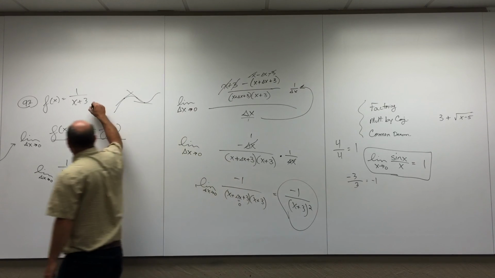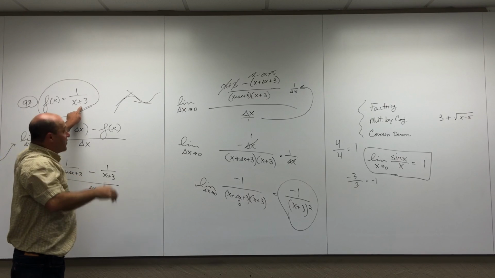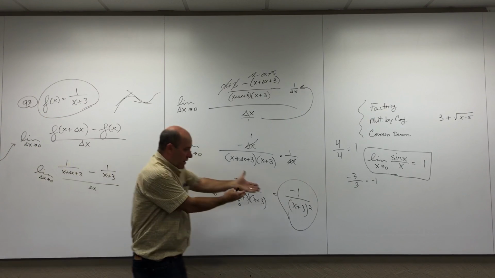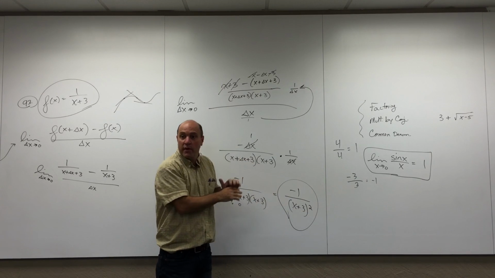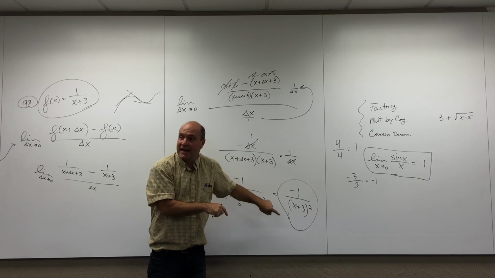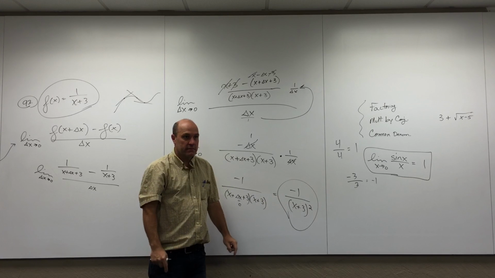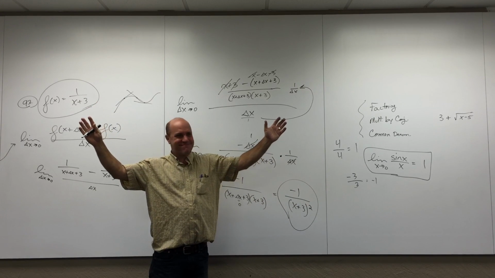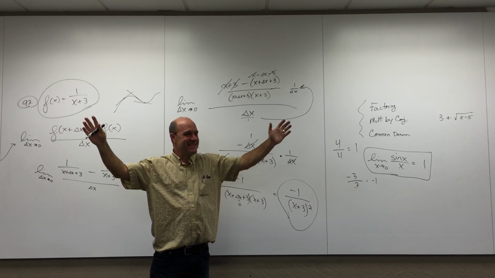The original function was this. And we just found a formula for the slope at any point. The slope of the tangent line at any point. Which is amazing. You might not think it's that amazing. Do you think the derivative of the negative equals positive?